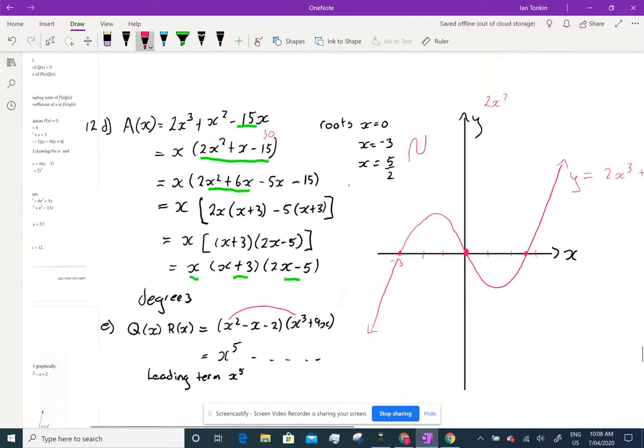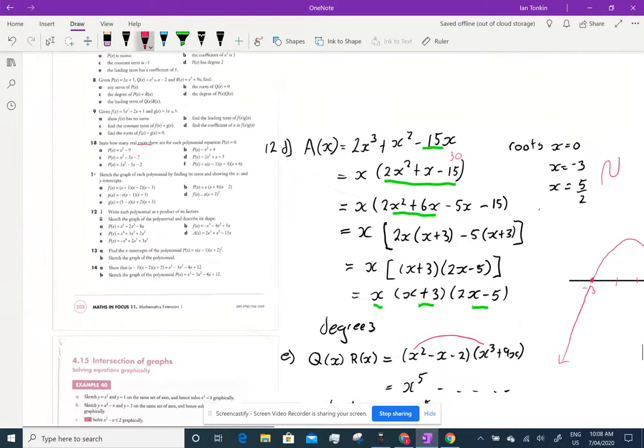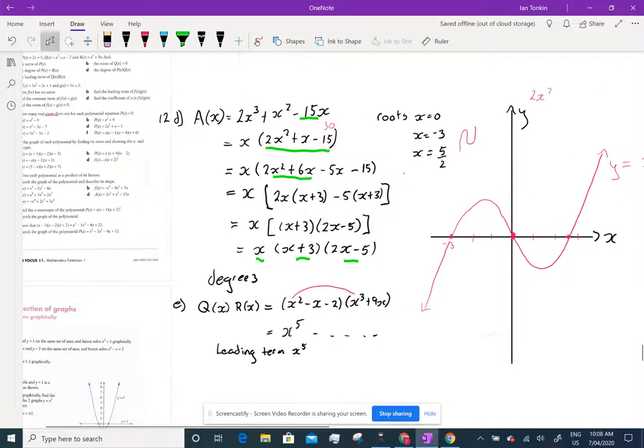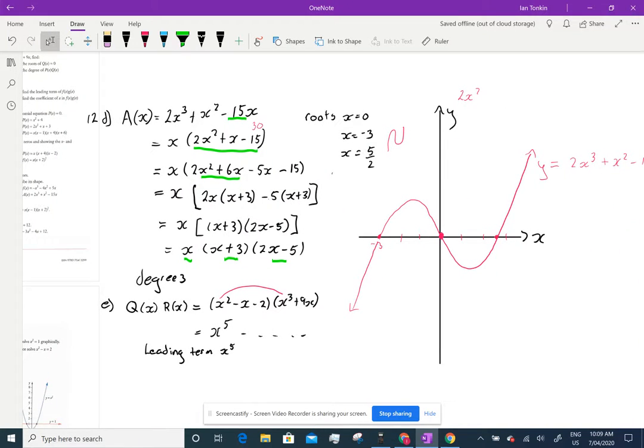So don't be fooled into thinking that you've got the exact graph. You'd have to plot some points to get it. So in reality, this one goes way up there, way down here, and up there. That's really bad. That's a bad drawing.